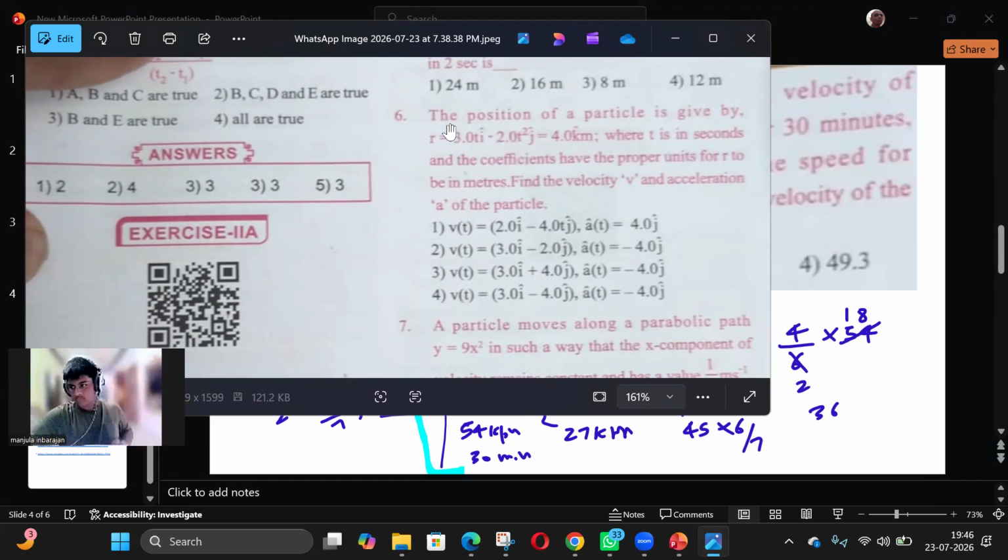In 3 options are there. So the velocity is 3, and this one is -4. The first one, velocity is a function of time, the y component, option 1.